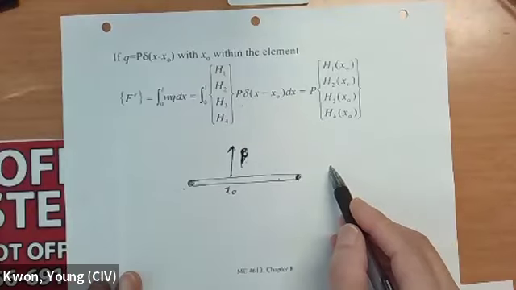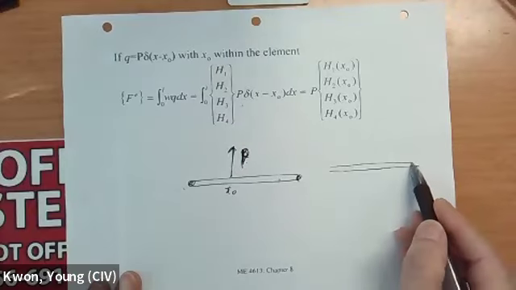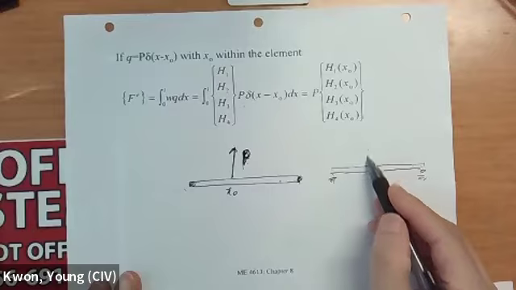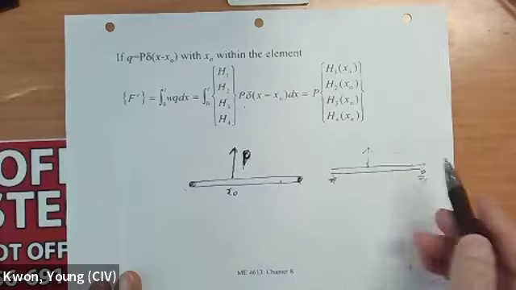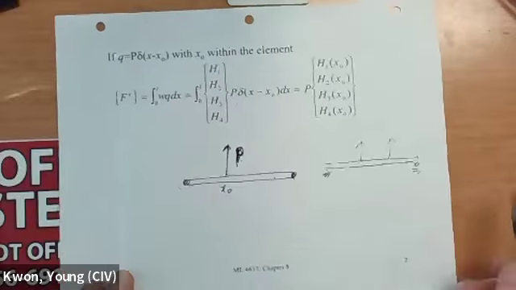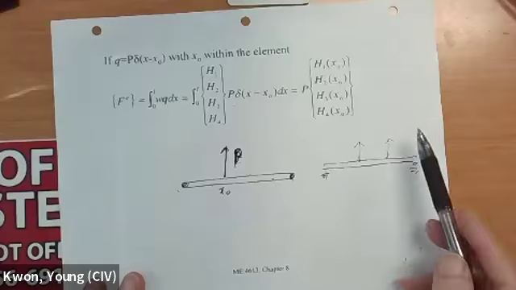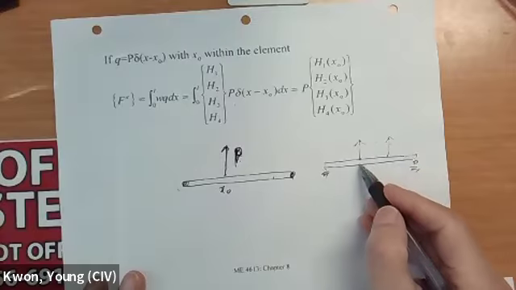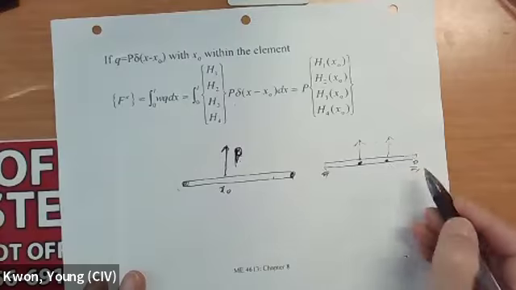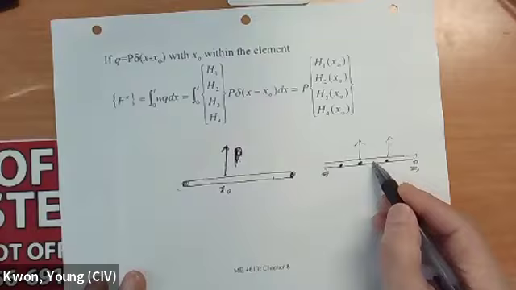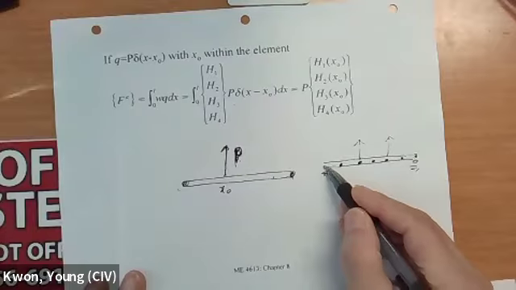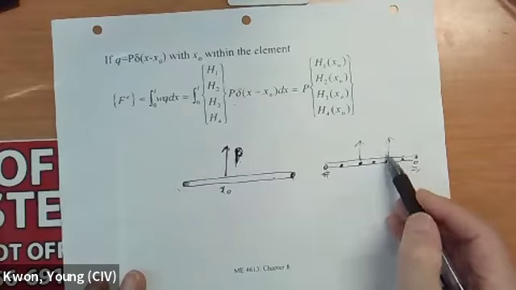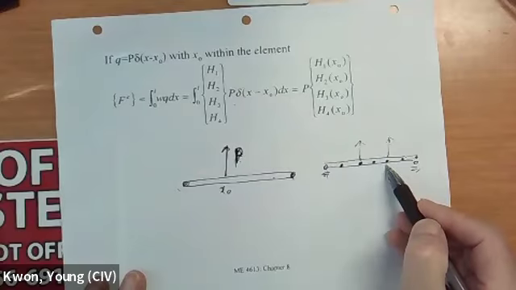Usually the simplest way is this: if you have a beam and I have a concentrated force, for example, here like this, then the simplest way to solve this problem is to put a node in here. Regardless of how many elements you use, put the node here. Then this force is represented at that node, right?